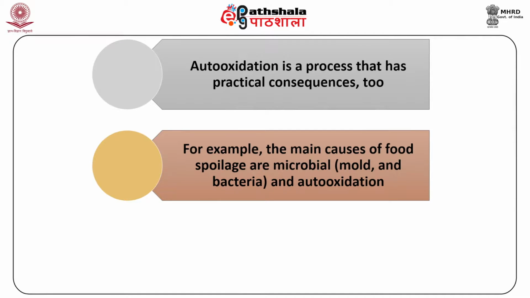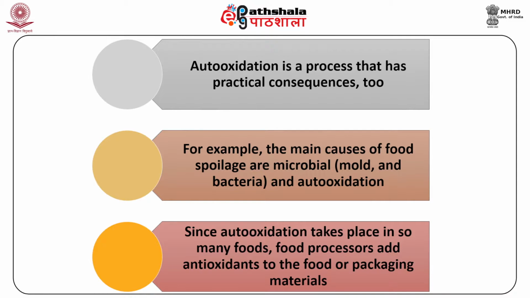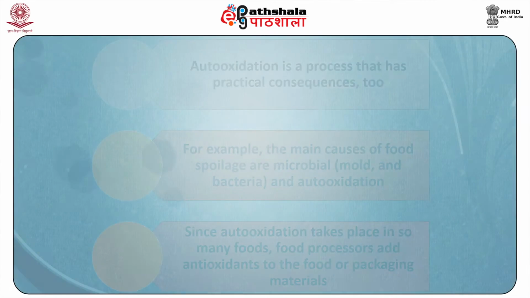For example, the main causes of food spoilage are microbes, mold and bacteria, and auto-oxidation. Since auto-oxidation takes place in so many foods, food processors add antioxidants to the food or packaging materials. Using an antioxidant gives food a longer shelf life by preserving the taste and the nutrient levels.